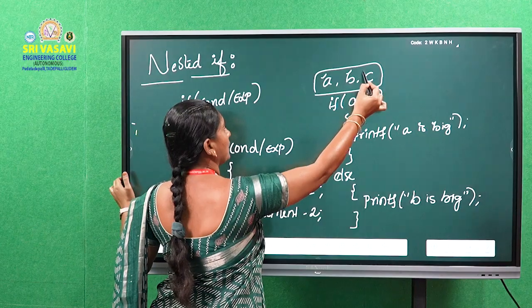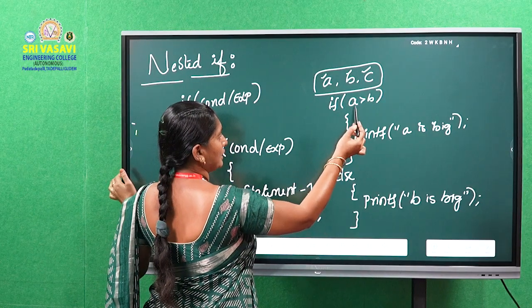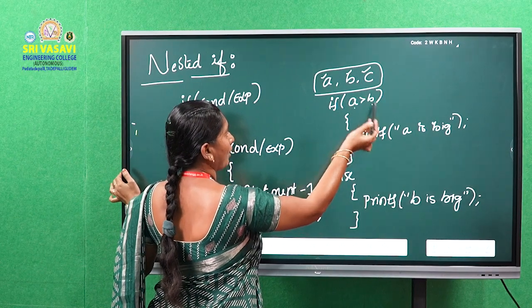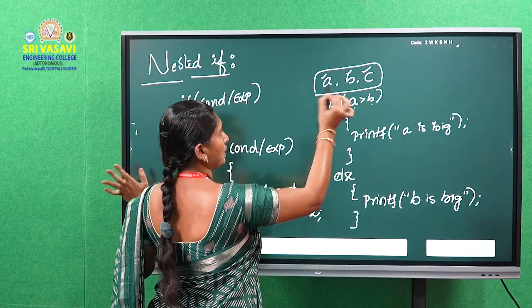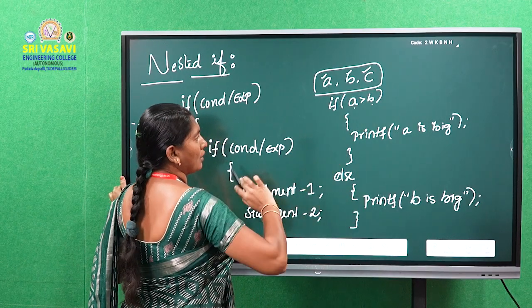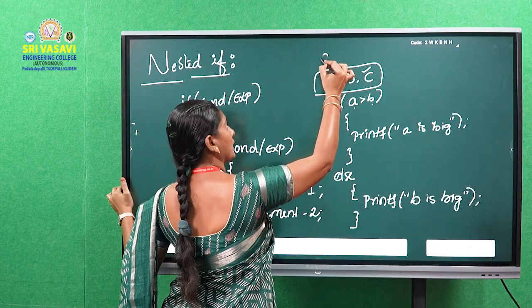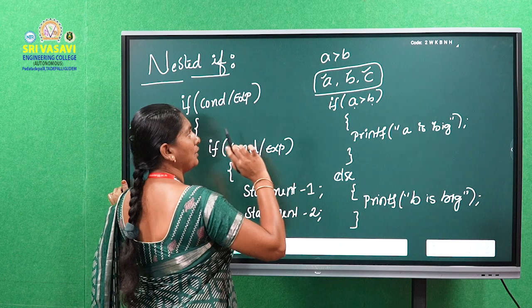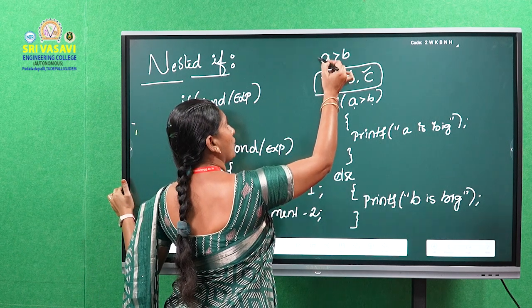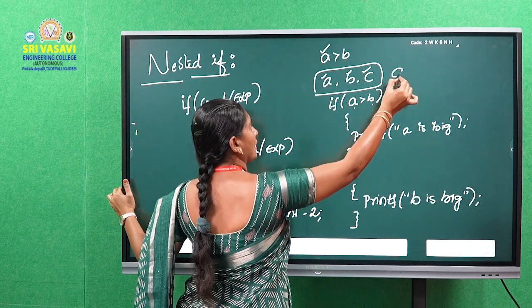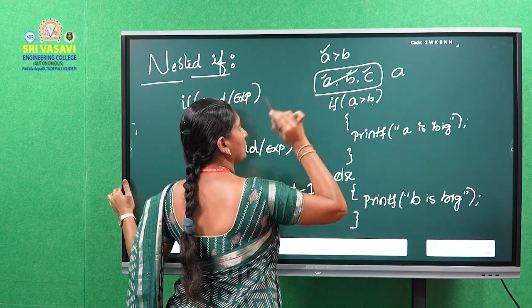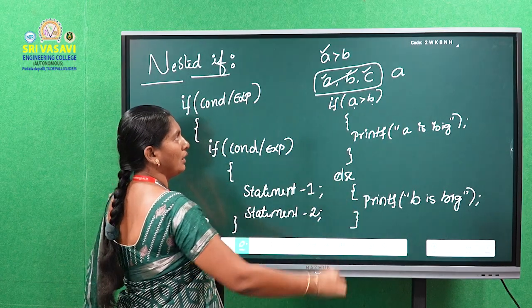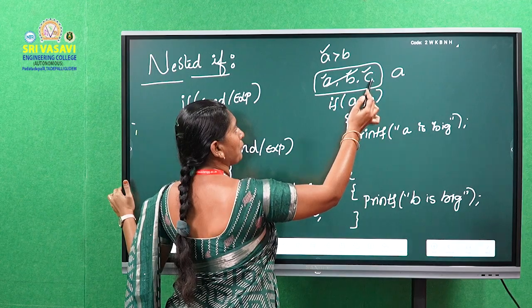Three: a, b, c. By checking a greater than b, I can't finalize that a is the biggest number. So I have to check whether a is greater than b or not. If the condition is true, then among these two, a is the big number, so these two we already verified. Next I have to compare with c.